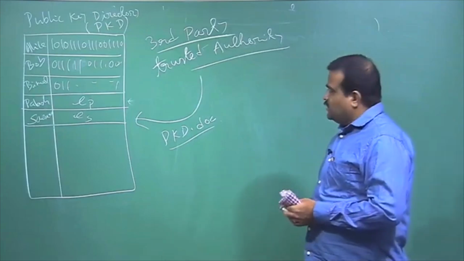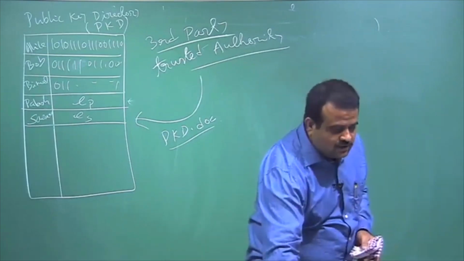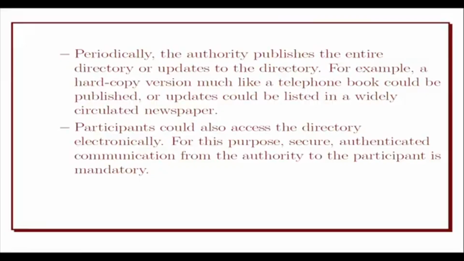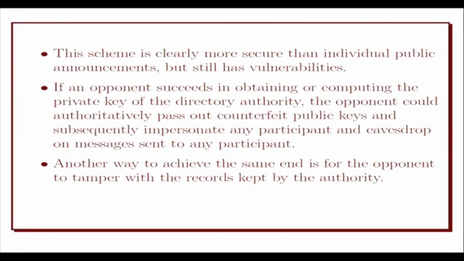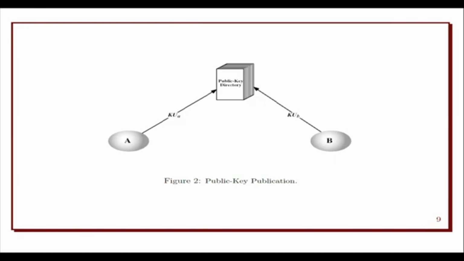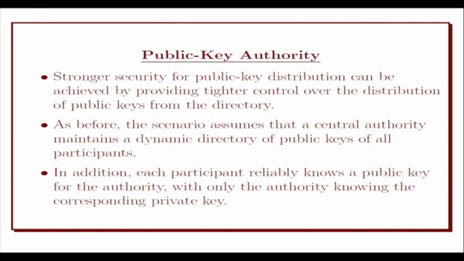Okay. So this is one way. This scheme is clearly more secure than the individual public announcement, but it still has a problem. In this scheme, we are hiring a public key authority which maintains the public key directory.